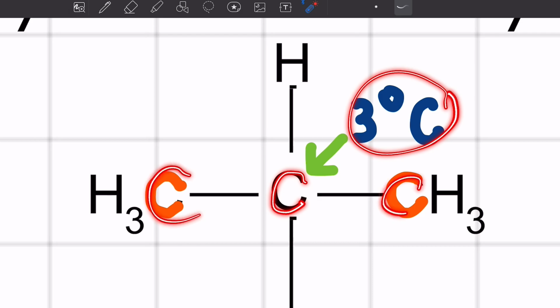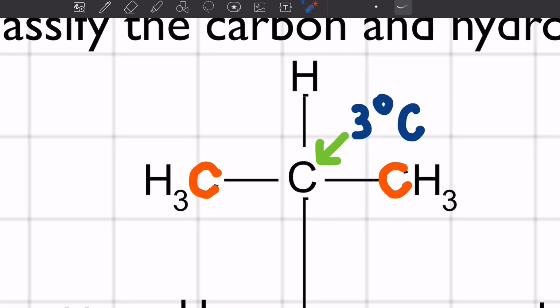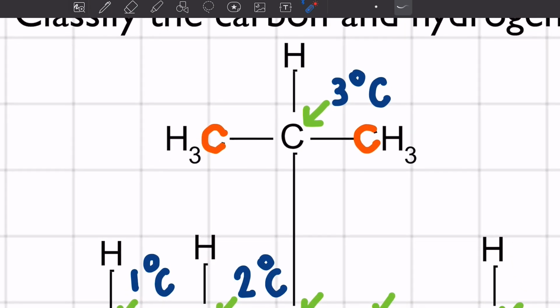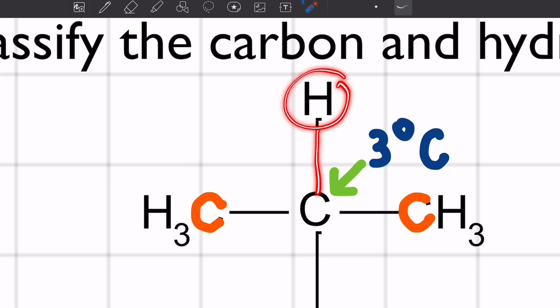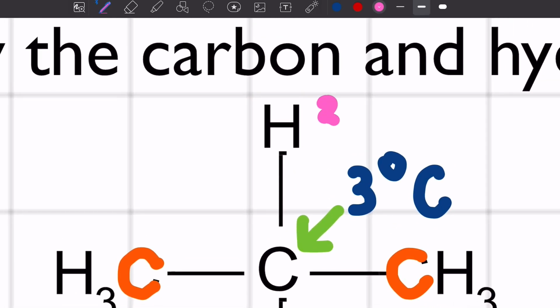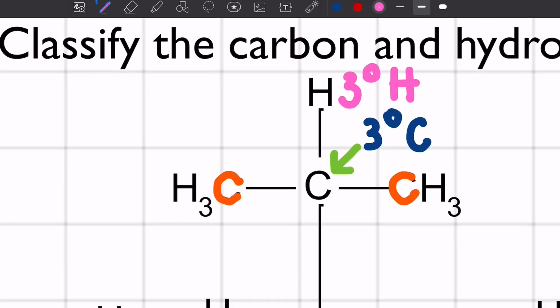Sebab dia bonded to tertiary carbon kan? Ada satu kat bawah tu. Okay, this one. 1, 2, 3. Okay, hydrogen. Kalau dia bonded to tertiary carbon, maksudnya hydrogen itu tertiary as well. Okay, tertiary hydrogen. So basically hydrogen ikut carbon.